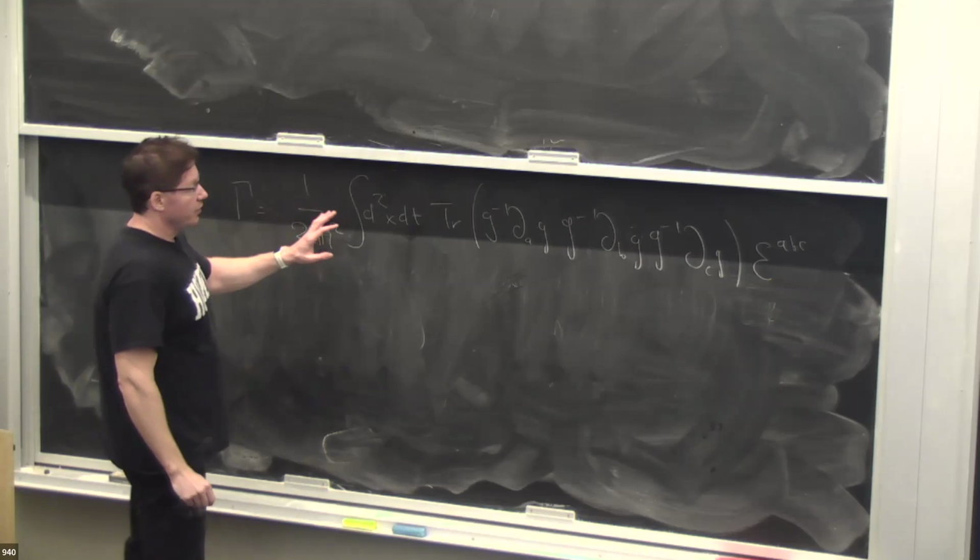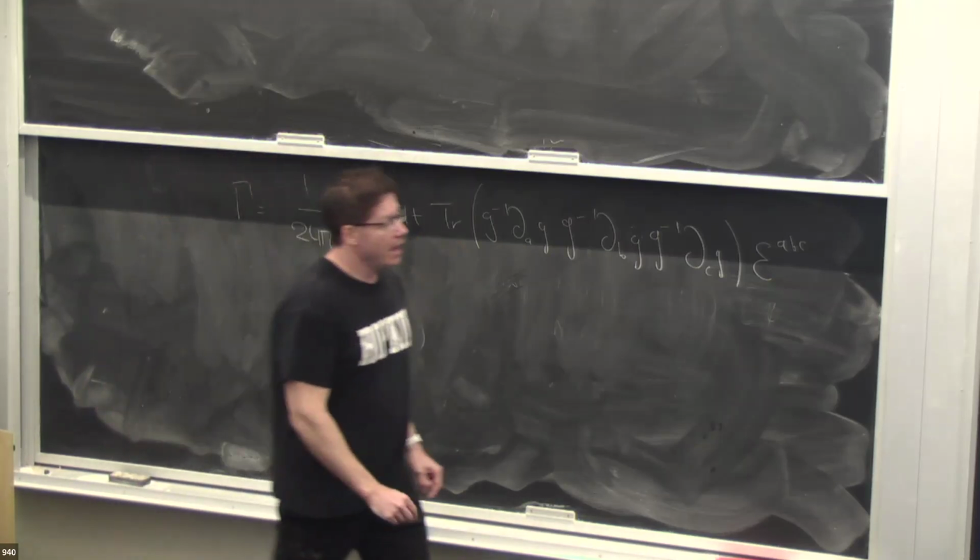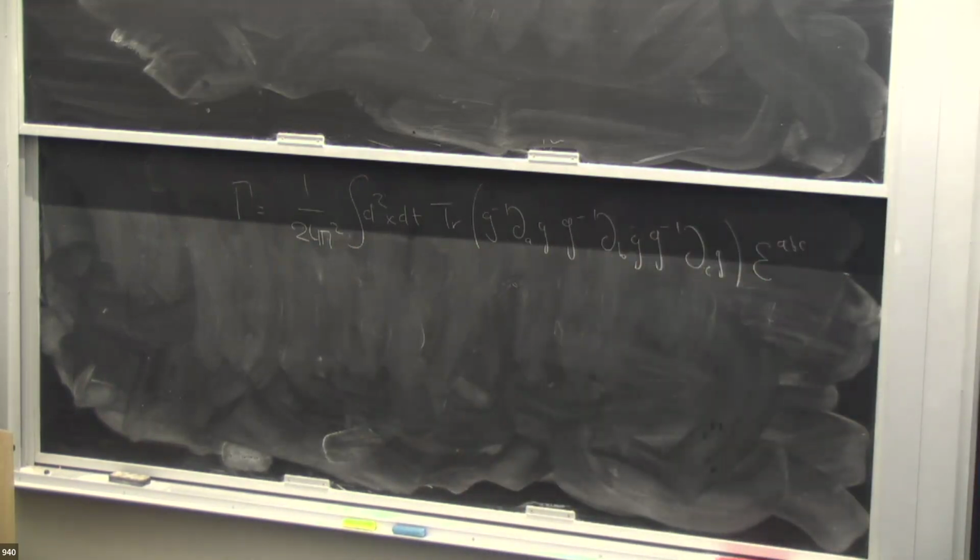So this is an interesting term that you can add to the action in 2 plus 1 dimensions, and the coefficient is a theta term. It's not visible classically. The equations of motion don't care about theta, and we have to choose theta correctly to specify what is the conjecture, and we choose theta equals pi.